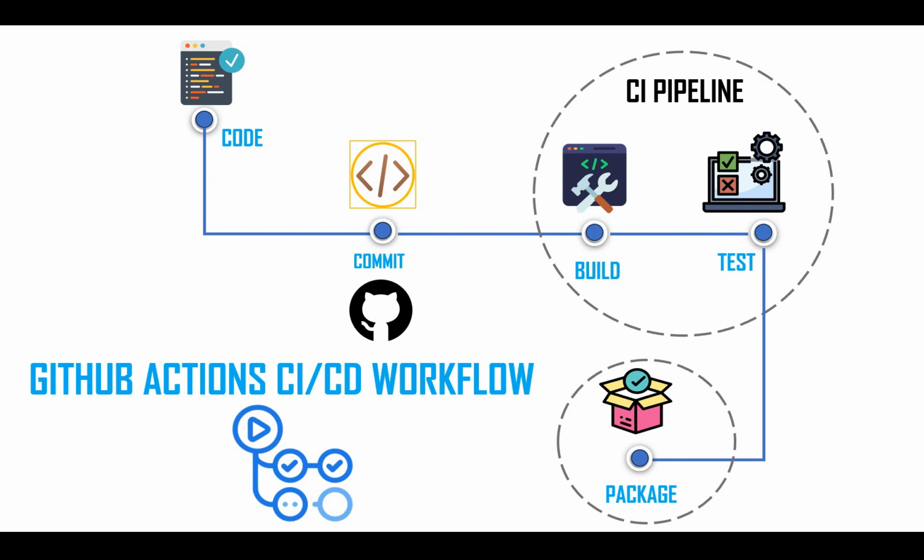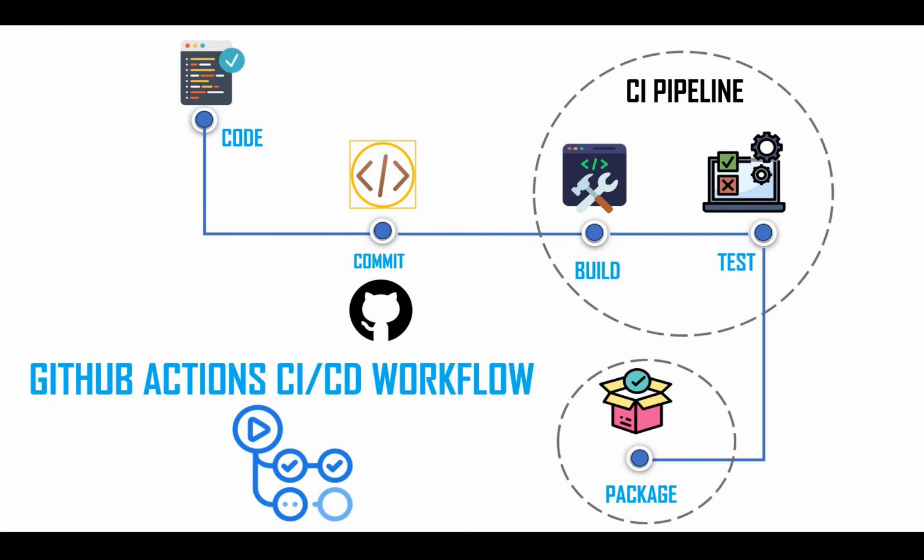And what we will be doing is we are going to see the step-by-step process. I will show you the project which I'm going to use. I will also talk about the code of the Java project, the build stuff, the testing, and what kind of dependencies we are using.